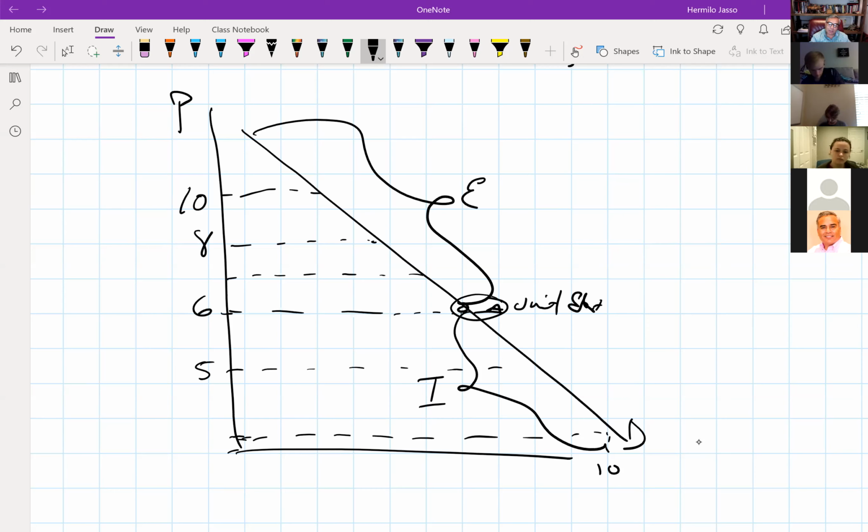Am I making more money or losing money? Now think about this. Here you told me I'm making more money, more money, more money. How about when I went to 5? Do I make more money? No, because I am in the what? Inelastic portion.